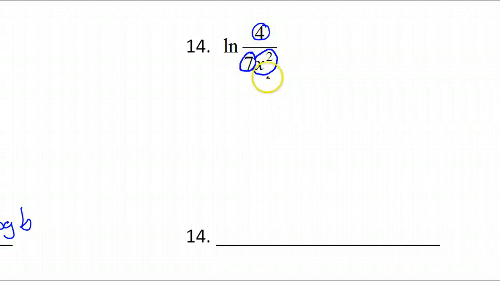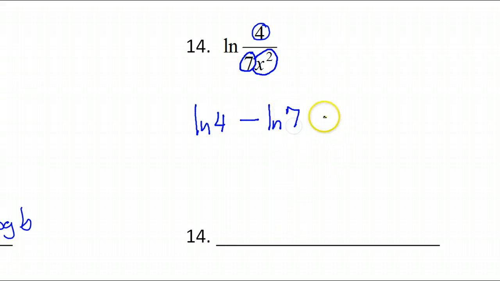There's 3 separate factors, and so we will have 3 separate terms in the answer. So we'll have natural log. This is in the numerator, so that's going to give us a positive term. These two things in the denominator will give us negative terms. So I will have minus natural log 7 minus natural log x squared.